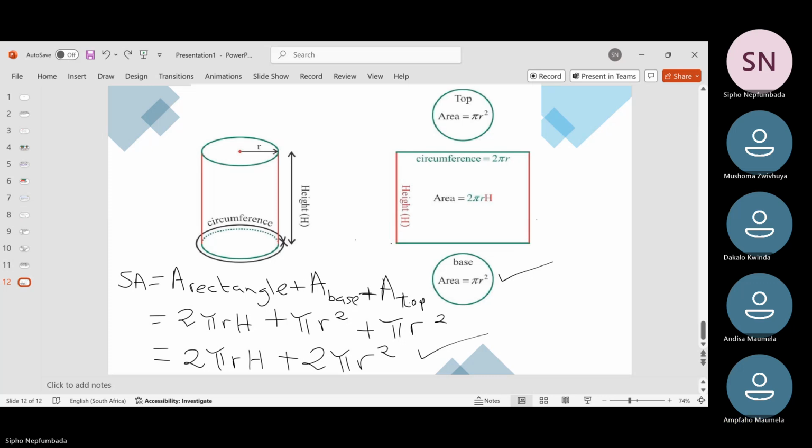Okay, I understand. Now you don't. Our rectangle has a circumference. I'm still asking the same question: if we use length times breadth, it won't work.